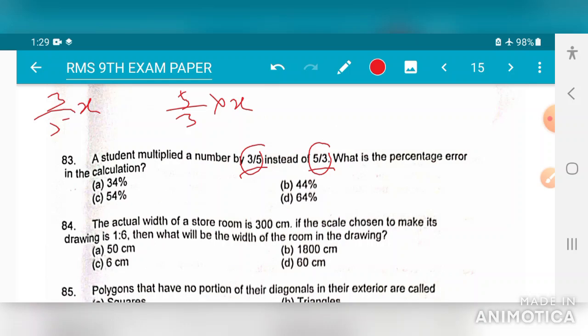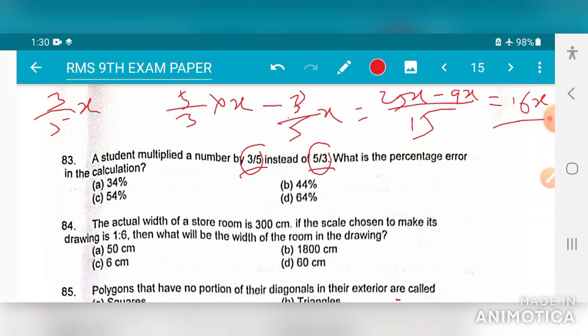So the difference is 5/3 x minus 3/5 x. Here 5 times 5 is 25x, minus 3 times 3 is 9x, so the difference is 16x upon 15. This is the difference. What is asked is the percentage error in the calculation.